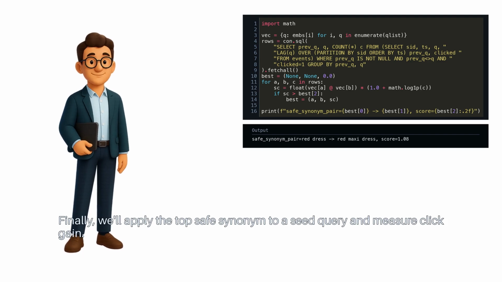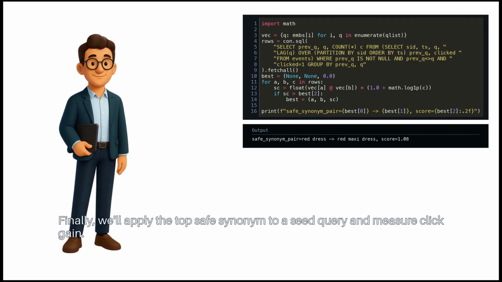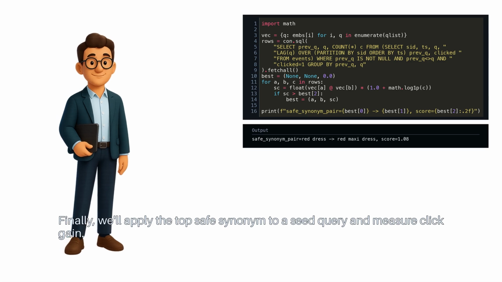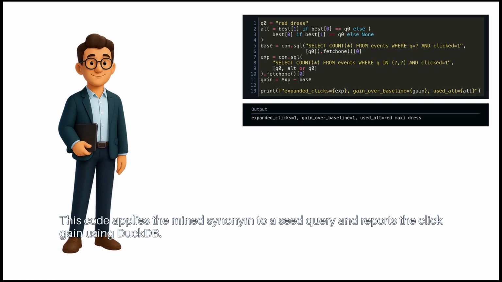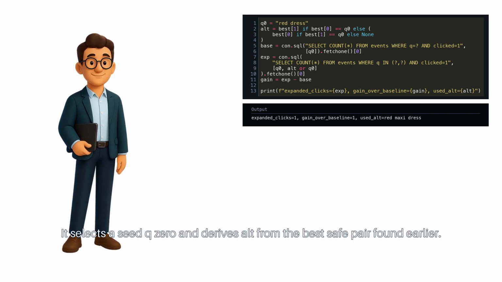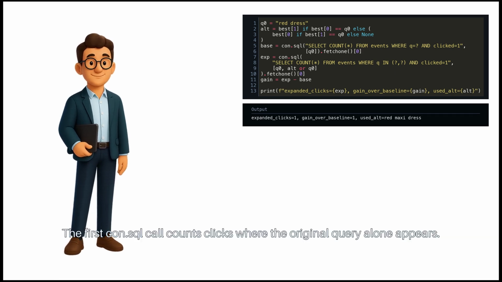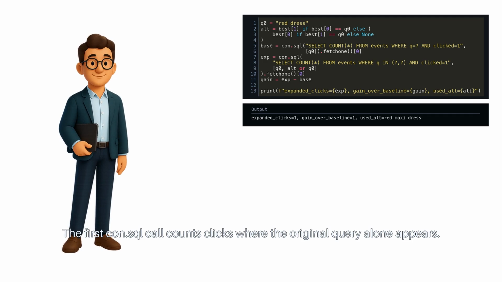Finally, we'll apply the top safe synonym to a seed query and measure click gain. This code applies the mined synonym to a seed query and reports the click gain using DuckDB. It selects a seed Q0 and derives alt from the best safe pair found earlier. The first con SQL call counts clicks where the original query alone appears.